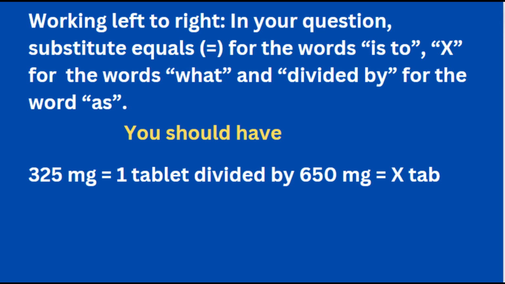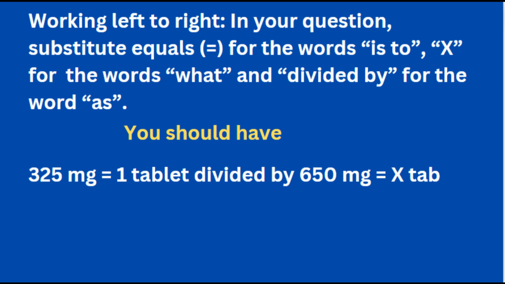I want you to substitute the letter X for the word "what." And I want you to substitute "divided by" for the word "as." So now your question should be 325 milligrams equals one tablet divided by 650 milligrams equals X tablets.